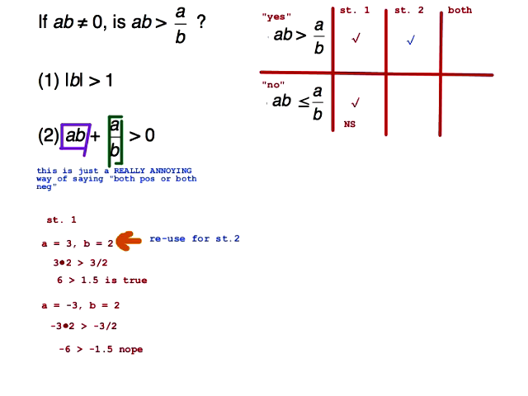For statement 2, we can also use something like A is 3 and B is 1/2. So 3 times a half is greater than 3 divided by 1/2. So 1.5 is greater than 6 is false. So we can check that box. So not sufficient. This problem is not easy, but again, difficulty level is not a thing that is ever worth thinking about. Every problem is your friend.